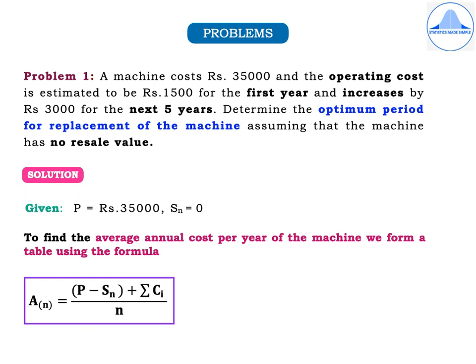Now to find the average annual cost per year for the machine, we form a table using the formula An is equal to P minus Sn plus summation Ci divided by n. Summation Ci is the cumulative maintenance cost of the item till the nth year. In this case, it will be till the 6th year.